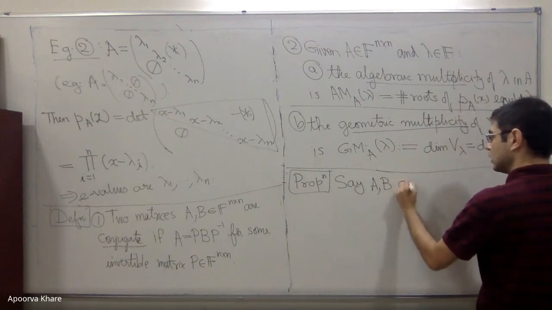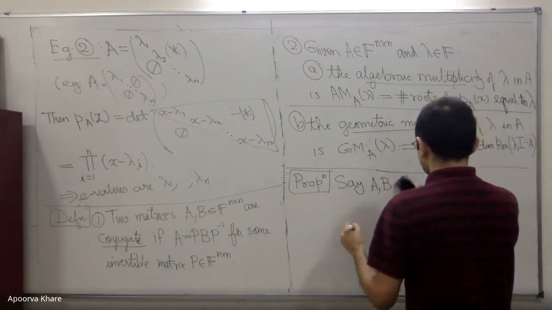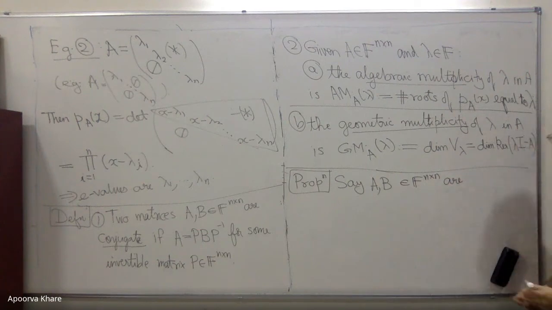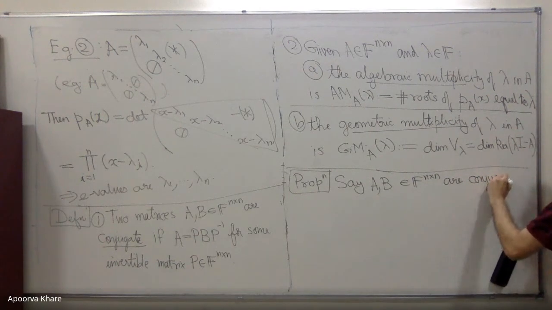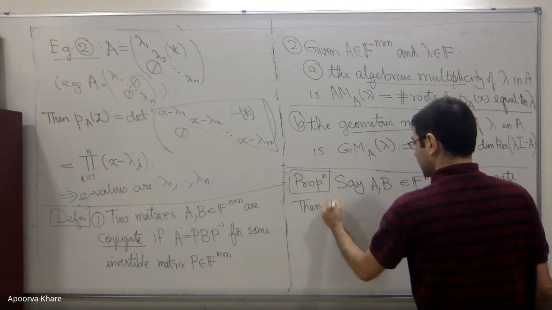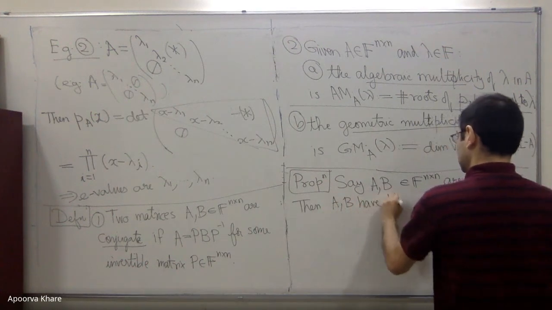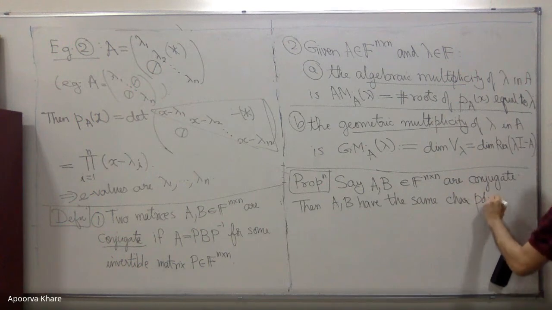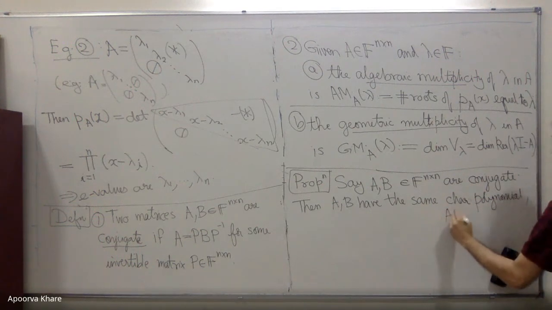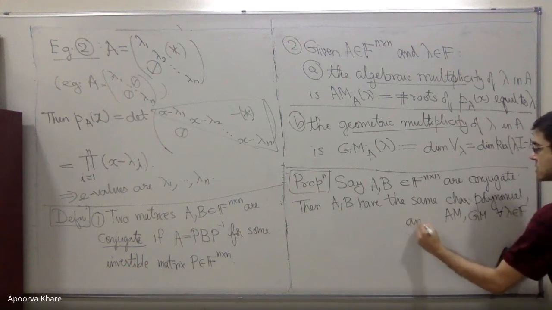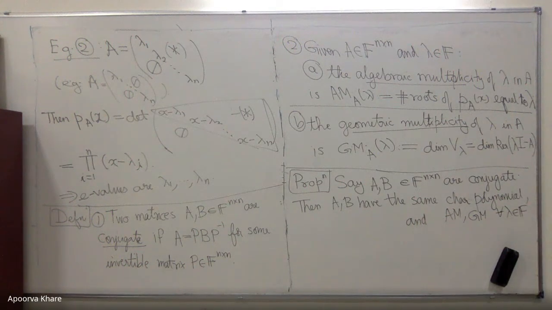Say A, B in F to the n cross n are conjugate, then A, B have the same characteristic polynomial, the AM and GM for all lambda in F. That is the proposition.